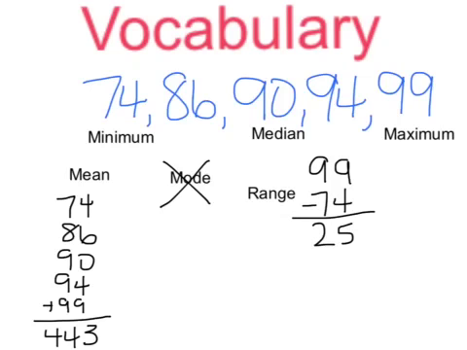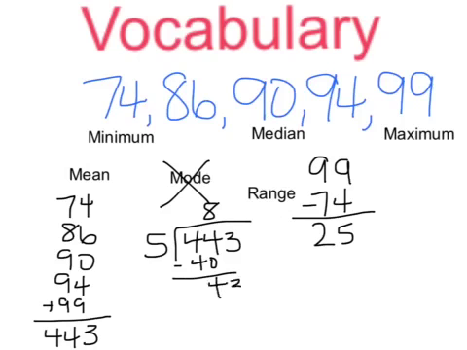And then we have to take the number of numbers, in this case 1, 2, 3, 4, 5, and divide 443 by 5. So the mean of this set of data is 88.6.